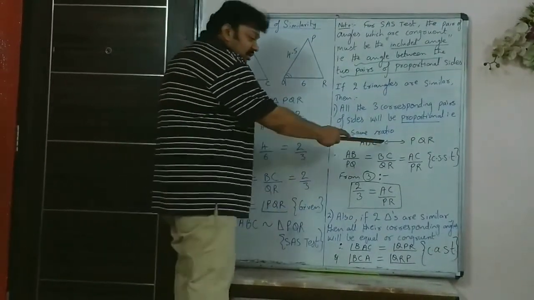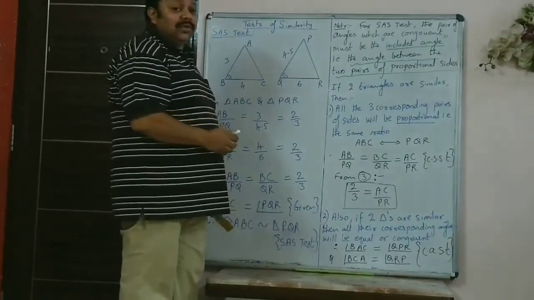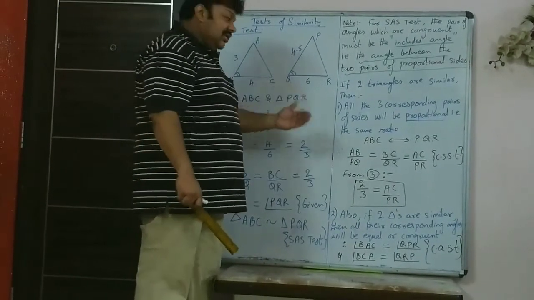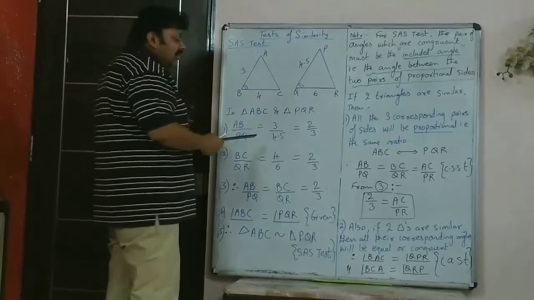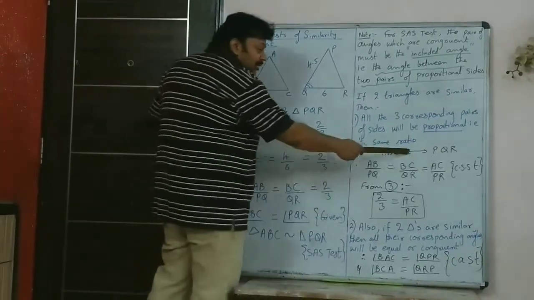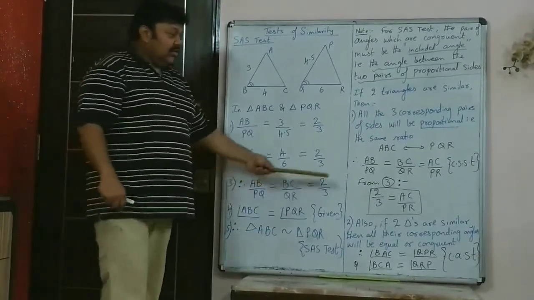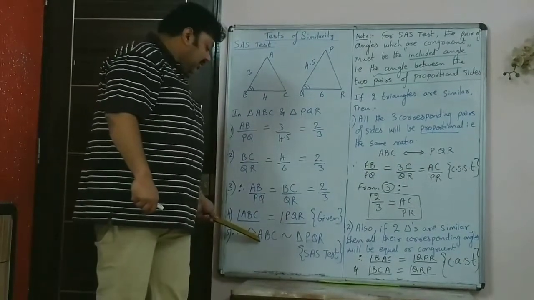So this symbol indicates one-to-one correspondence. This is not commonly used in our chapter. But you need to understand it, because even without looking at the figure, once you have written the similarity in proper one-to-one correspondence, when you are proving it, you can directly write this step by just looking at it.